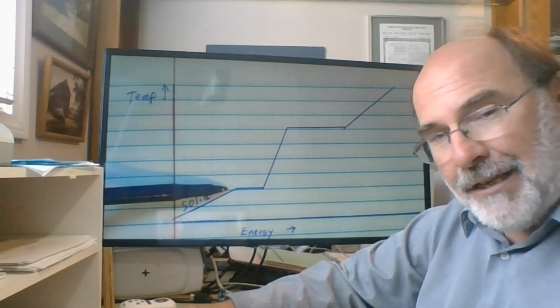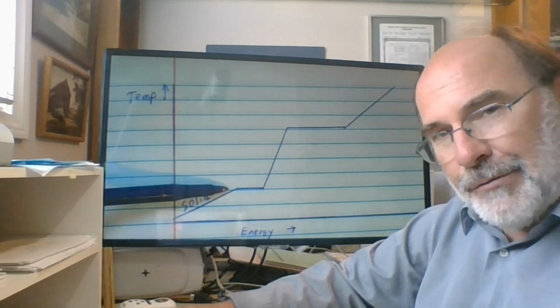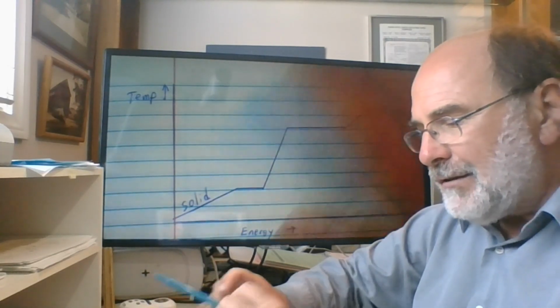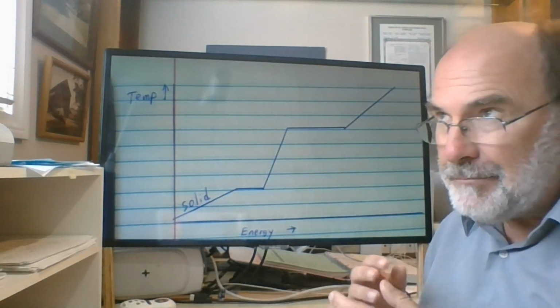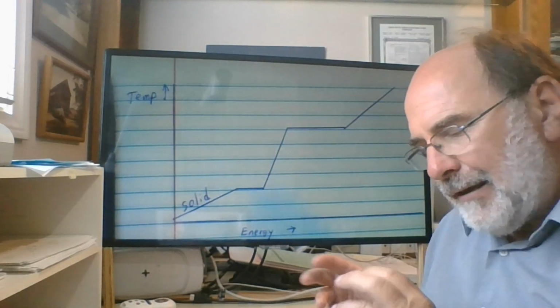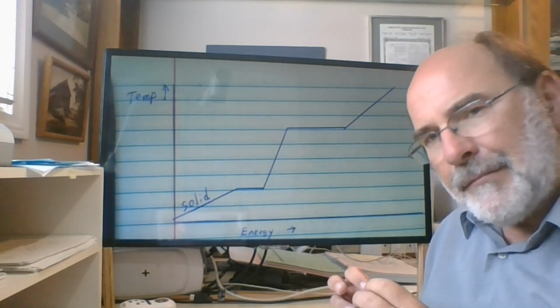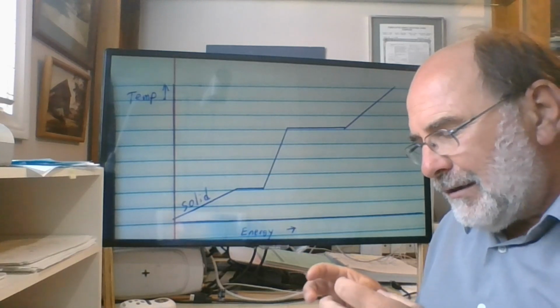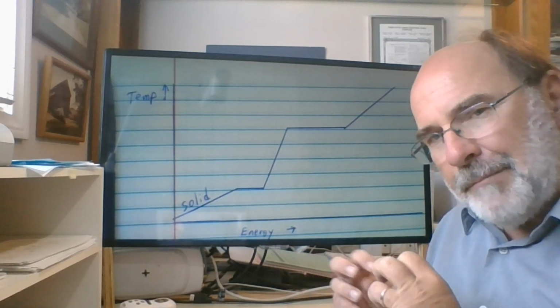Here's what happens instead. Once the ice gets to a certain temperature, the solid crystalline structure of the ice, being held together by van der Waals forces and molecular cohesiveness and stuff I haven't really explained to you, breaks apart.